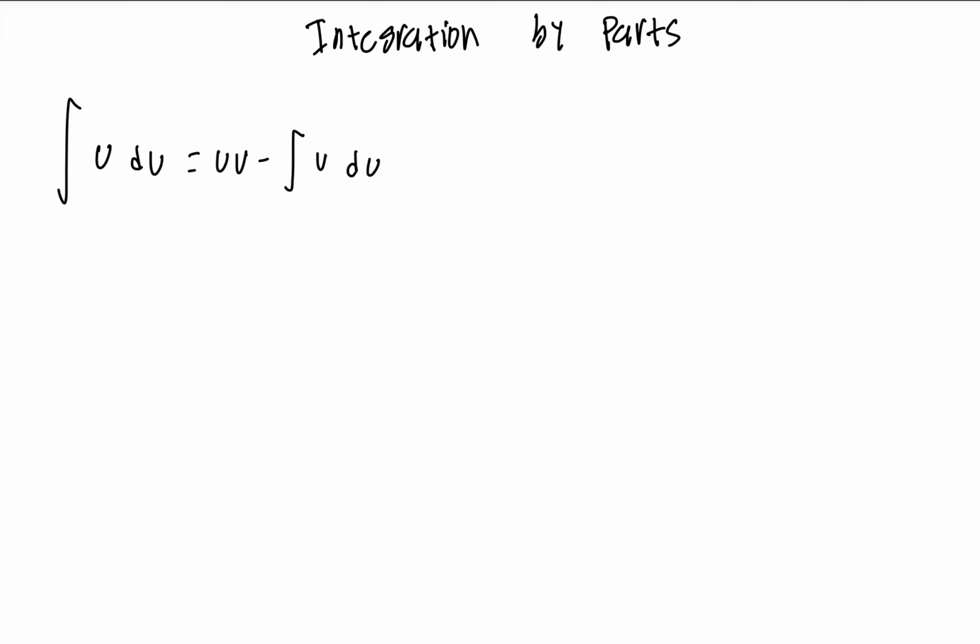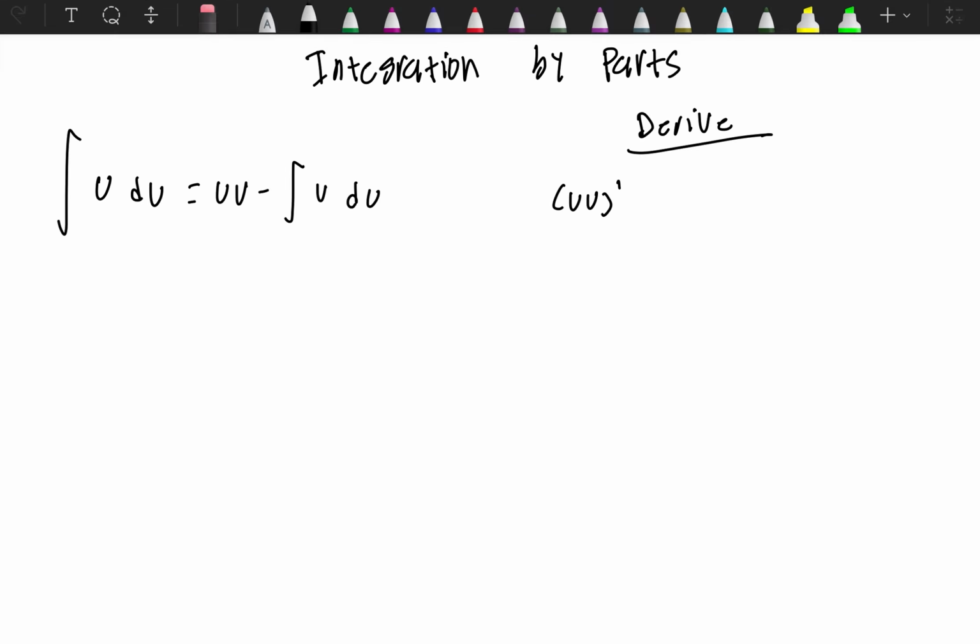Essentially, the reason why you get this formula is because you can derive it using the product rule. So let's say you have uv, right? Say you have uv. So u is gonna be this, and then v is gonna be green.